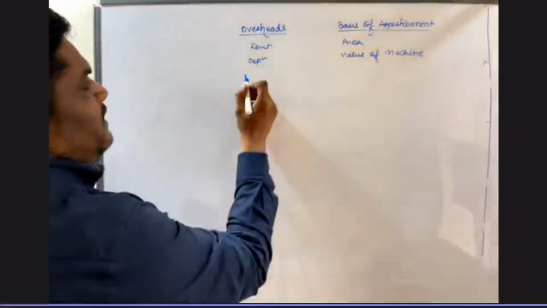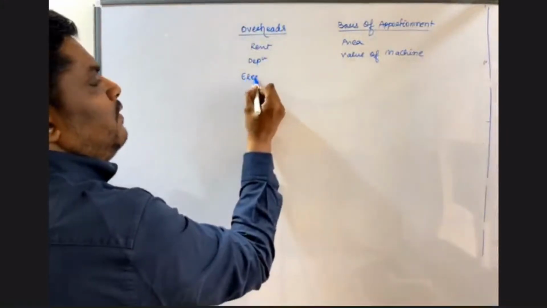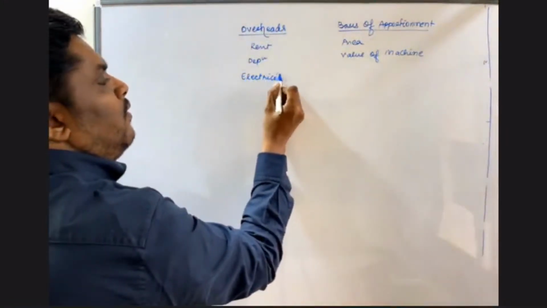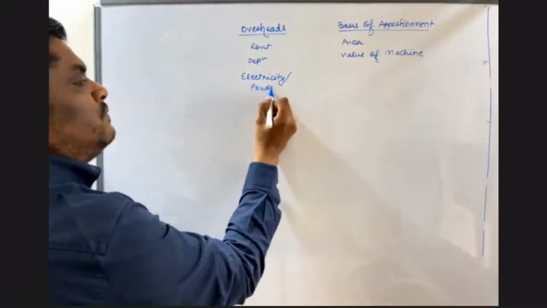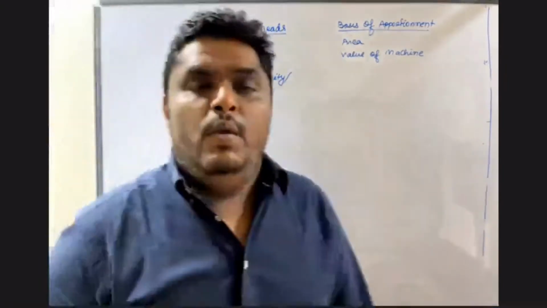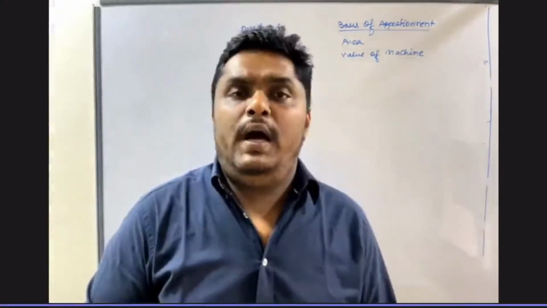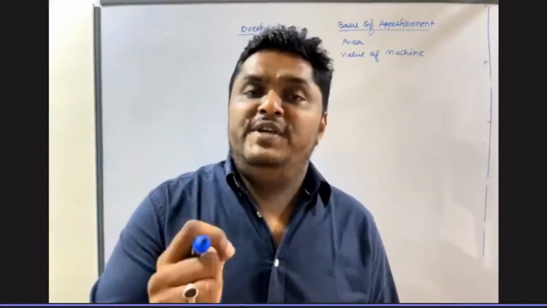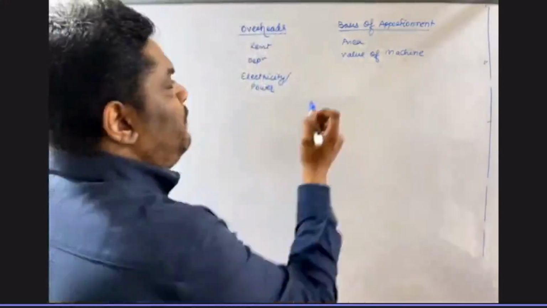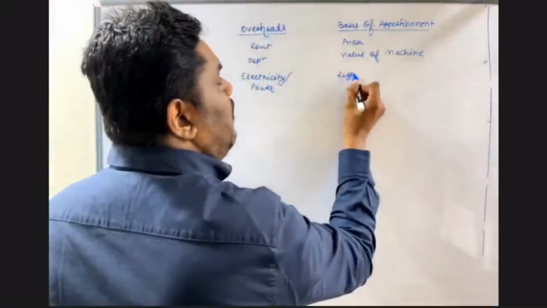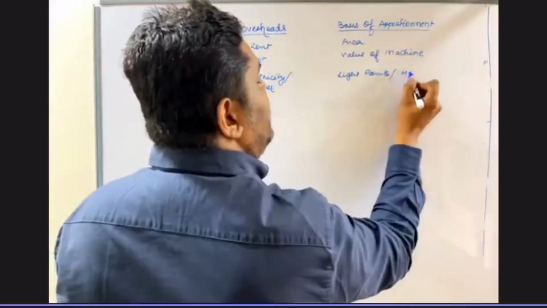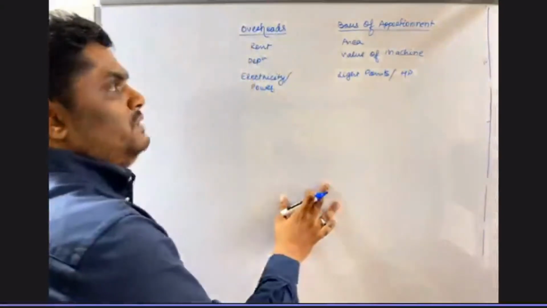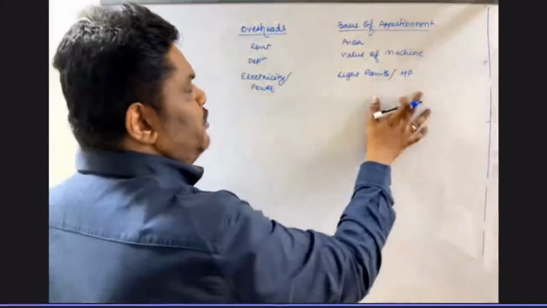If in a question electricity or power cost is given, and the information is given as regards light points or horsepower, then we have to use this as the basis of apportionment.